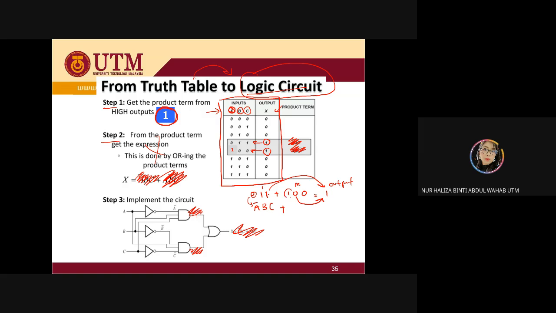Then plus A, B bar, C bar. Why is it bar? Because it is 0 and 0. So your Boolean expression will be A bar BC plus A B bar C bar.